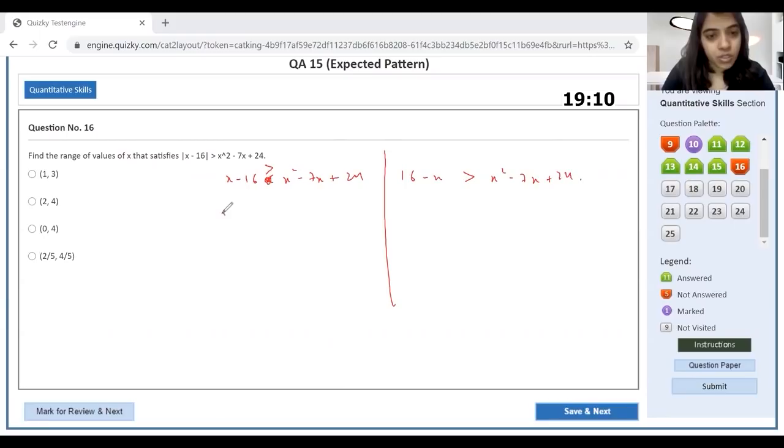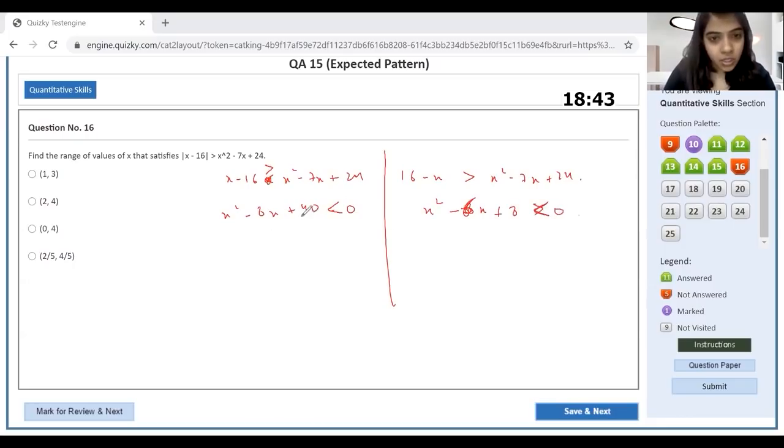Fine, so x square minus 8x plus 40 is less than 0, or here what do we have? x square minus 6x, and this is again 16 plus 8 is less than 0.